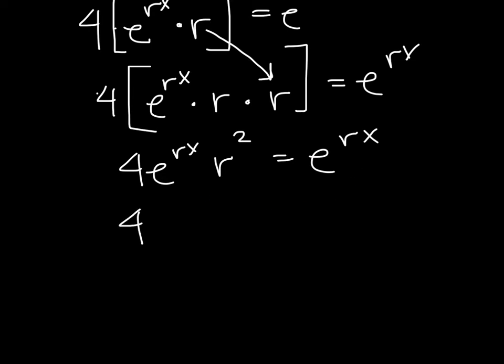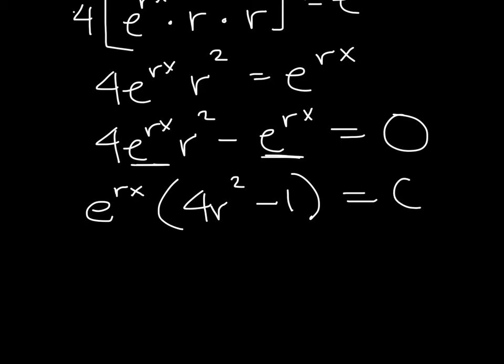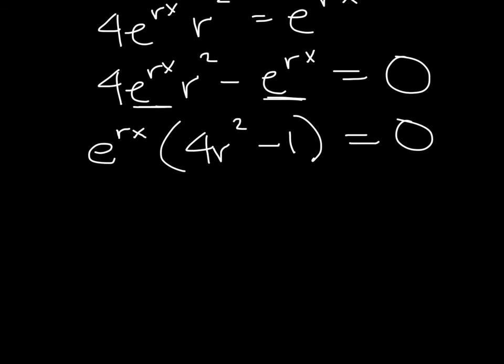So I'm going to say 4e to the rx, r squared minus e to the rx equals 0, and the reason I did that is because I have a common factor of e to the rx in both terms, so I can factor this out, right? So that's my greatest common factor. So e to the rx, and my factor left over is 4r squared minus 1 equals 0.